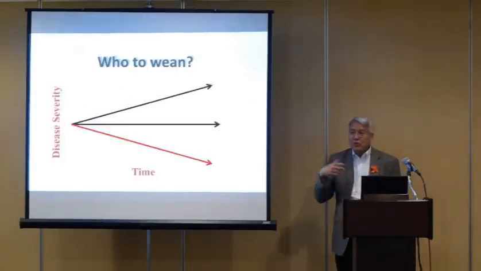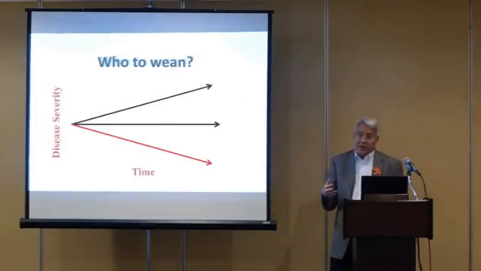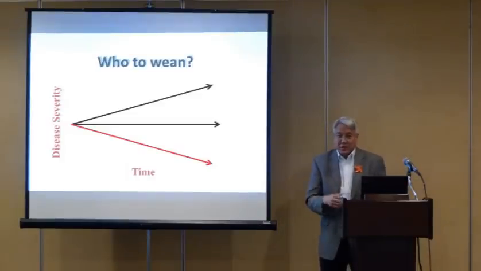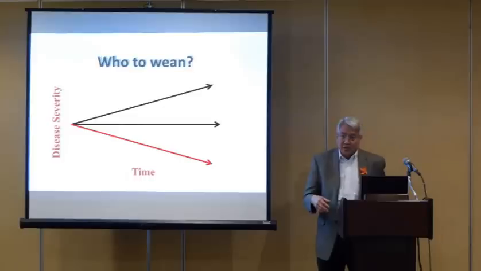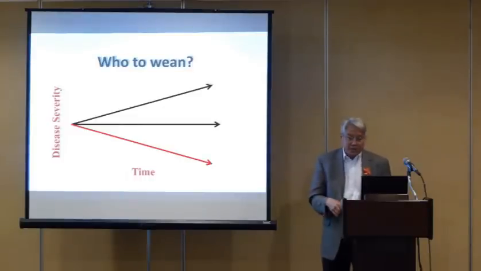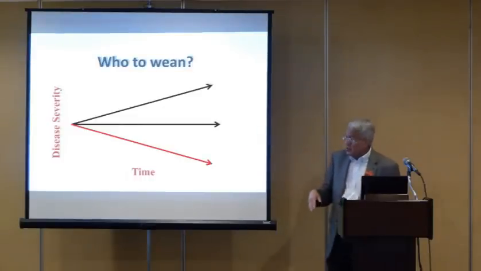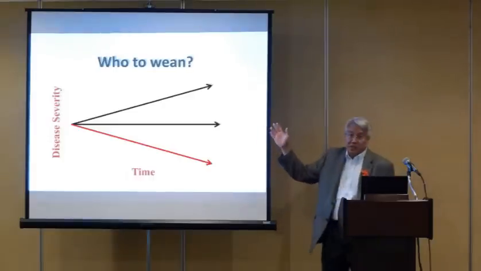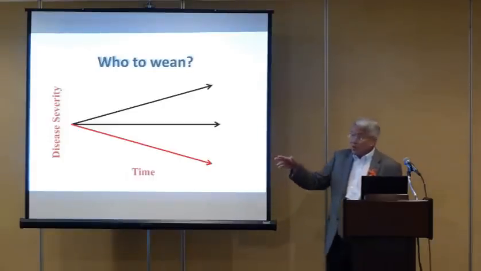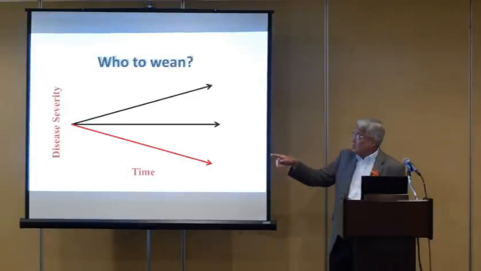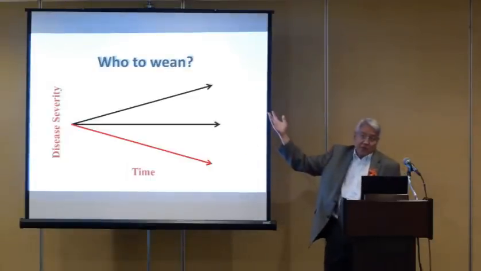So who do we wean? We're not really arguing this point, because obviously there are patients that we would want to wean. In this simple scheme, it's related to disease severity over time. If you start out in oxygen, then you have 3 possible scenarios.